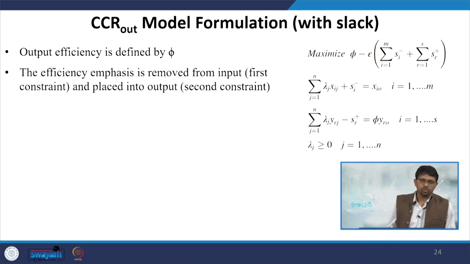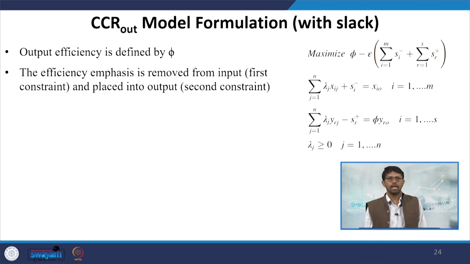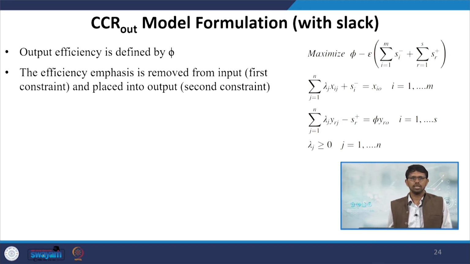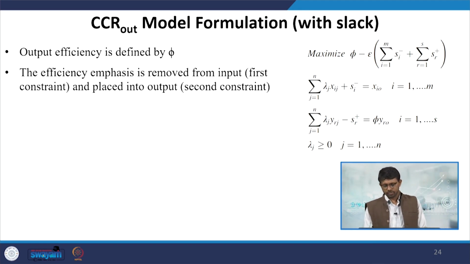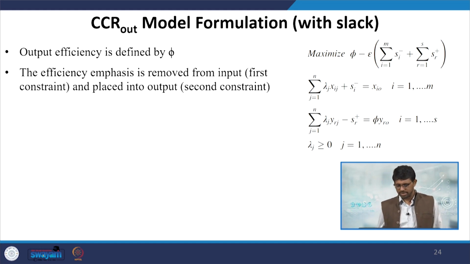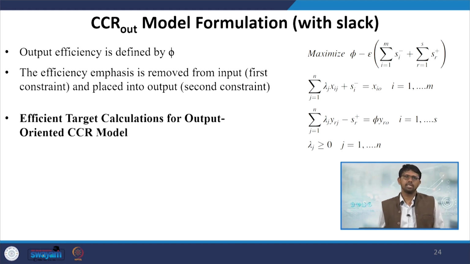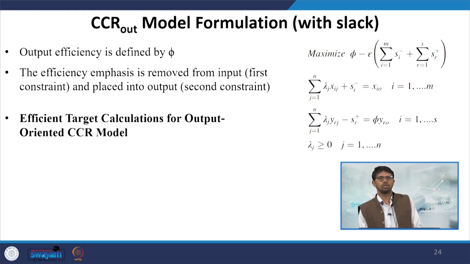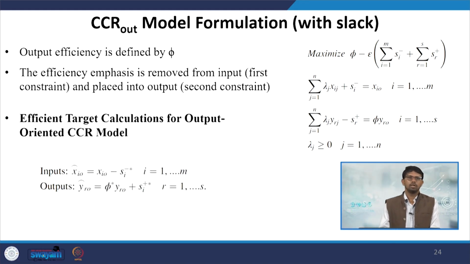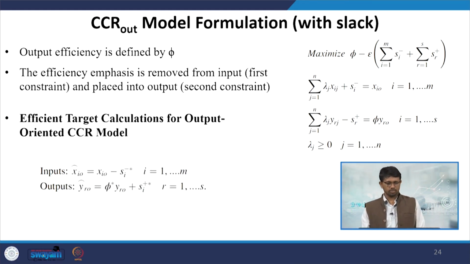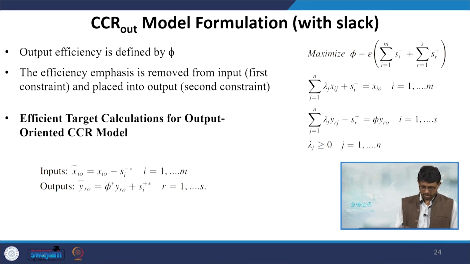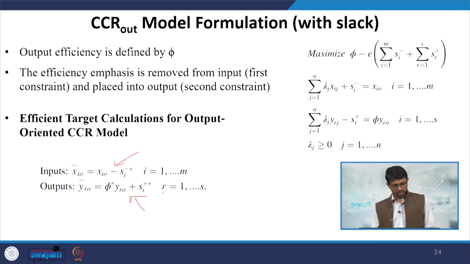However, we have also discussed that the efficiency emphasis is removed from input and placed onto output. That is basically the second constraint in that case. So, you can just have a check, and the efficient target calculation for the output oriented CCR model. Again, in the case of target calculation, you can just have a check. Here we have also identified, and this is clearly discussed.